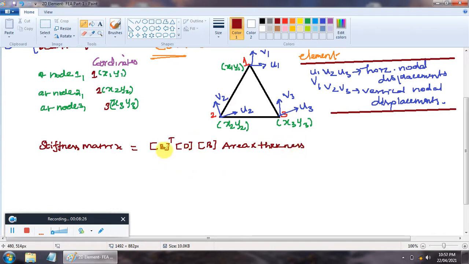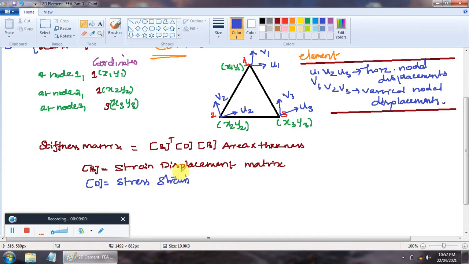Here B is called the strain displacement matrix, and D denotes the stress-strain relationship matrix, as we have seen in the previous chapter.